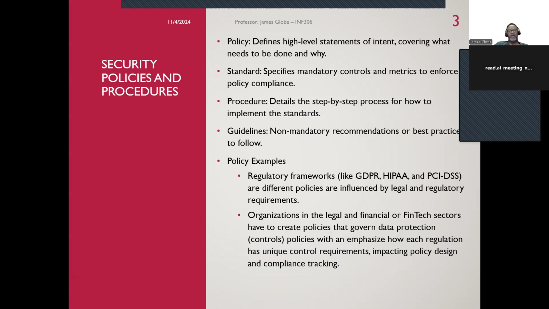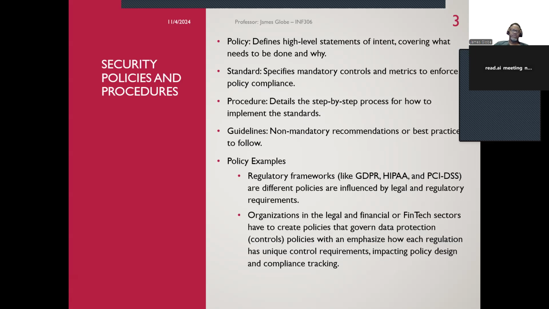So then you would have policy maybe on access control, maybe role-based access control, password policies for strong passwords. Organizations in the legal and financial or fintech sectors have to create policies that govern data protection or controls, with the emphasis on how each regulatory framework has unique control requirements, impacting policy design and compliance tracking.